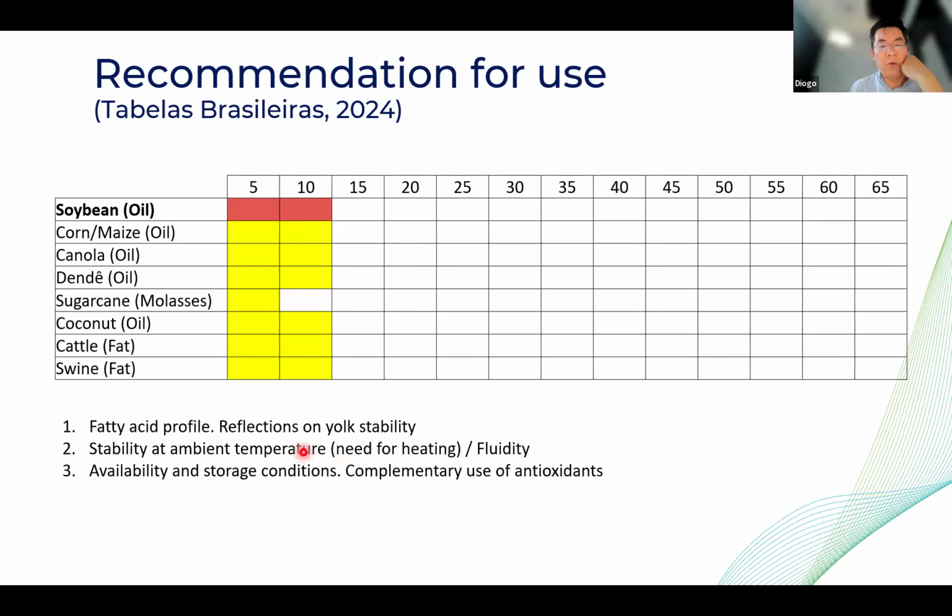And if you do it all the time, every day, it will probably reduce the shelf life of the ingredient. So sometimes it's necessary to think about the use of complementary antioxidants to have a safer use of oils.